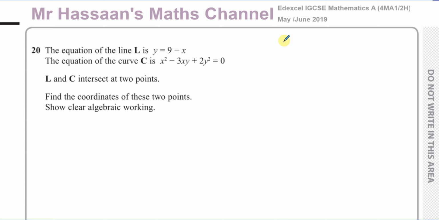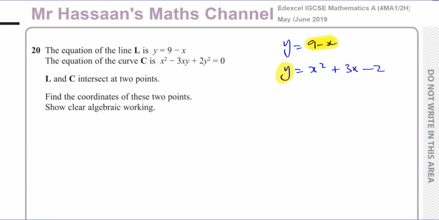For example, if you had y equals 9 minus x and y equals x squared plus 3x minus 2, then both equations are in terms of y, so you can kind of think of it as equating them: 9 minus x equals x squared plus 3x minus 2. But the real reason we can do that in that case, which is not our question, is that we're replacing y with 9 minus x.